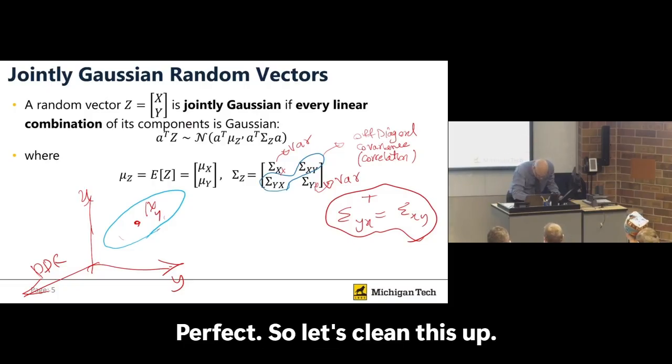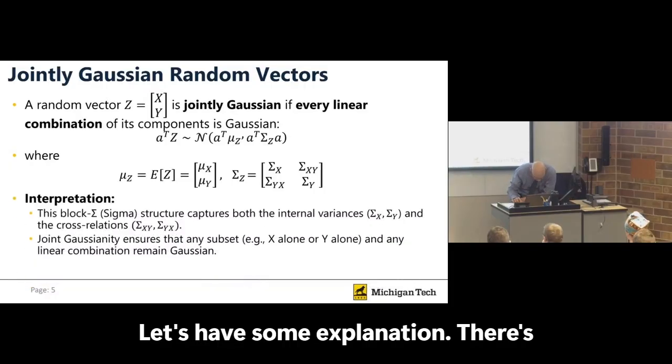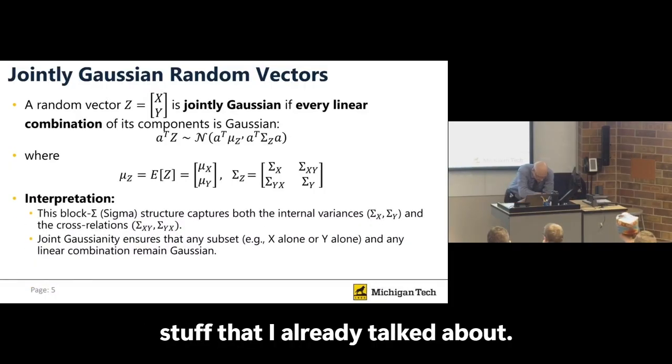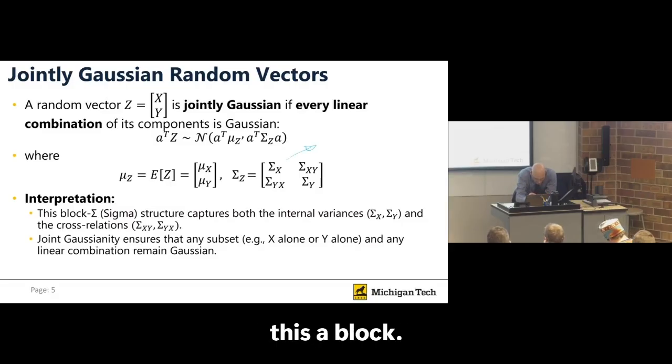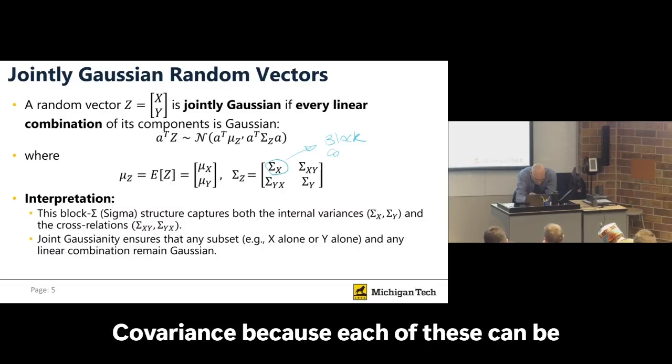Perfect. So let's clean this up. Let's have some explanation. The stuff that I already talked about, I also wrote here. This block Sigma, we also call this block covariance, because each of these can be one block.